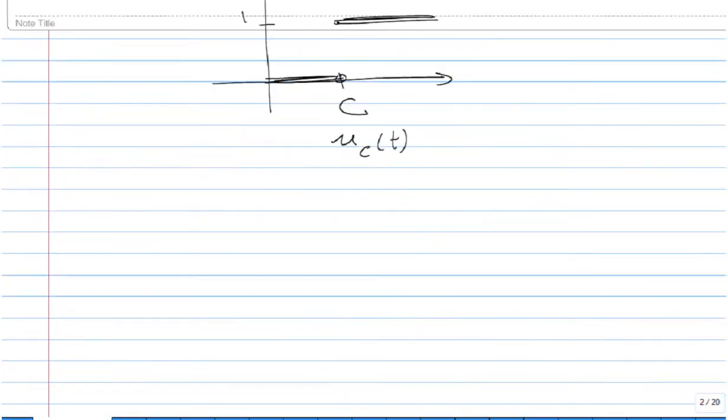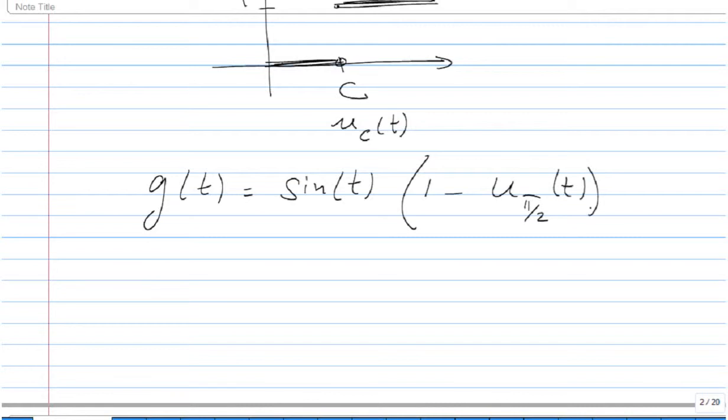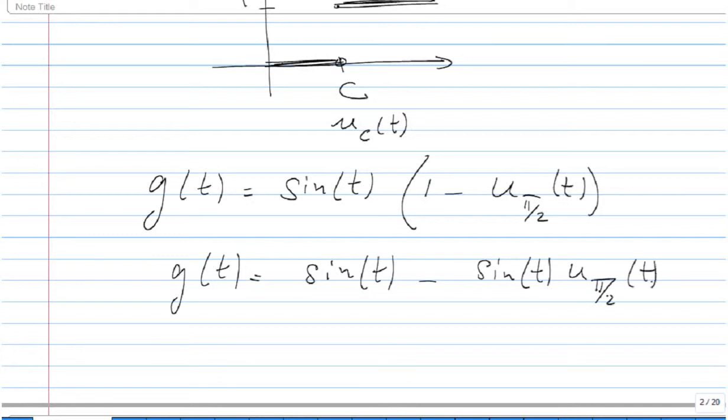And we know in this case that our function g of t is equal to sine of t times 1 minus u pi over 2 of t. In other words, g of t is equal to sine of t minus sine of t u pi over 2 of t.